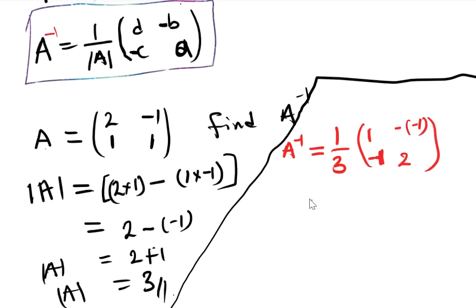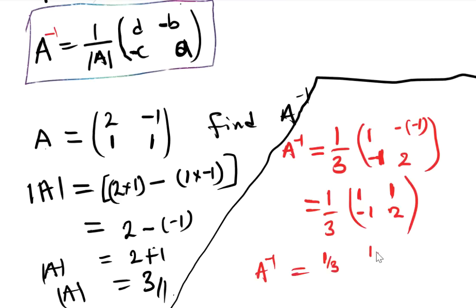This is equal to 1 divided by 3, 1, minus 1, minus minus will be plus, which is 1, and this is 2. We can decide to use this to open the bracket, so we have that A inverse is equal to 1 divided by 3, 1 divided by 3, minus 1 divided by 3, and 2 divided by 3. So this is A inverse.